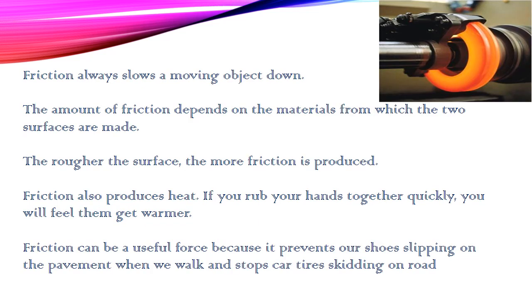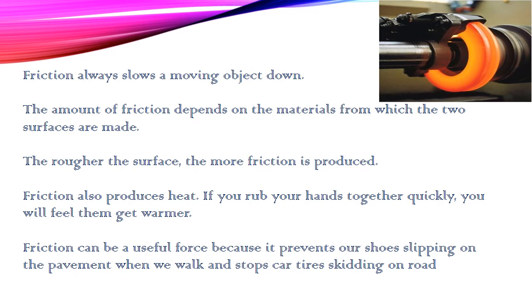Friction always slows a moving object down. The amount of friction depends on the material from which the two surfaces are made. The rougher the surface, the more friction is produced. Friction also produces heat. If you rub your hands together quickly, you will feel them get warmer.